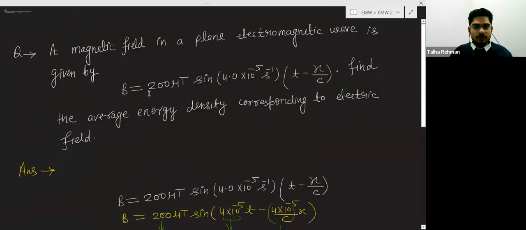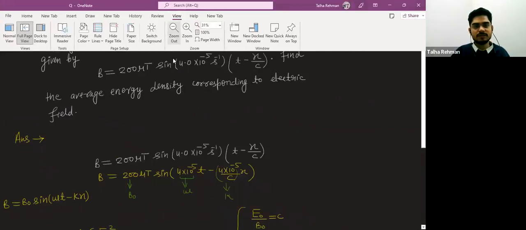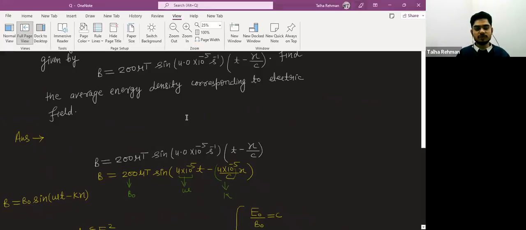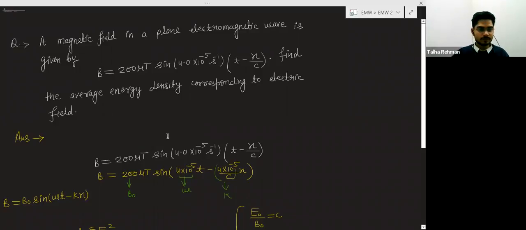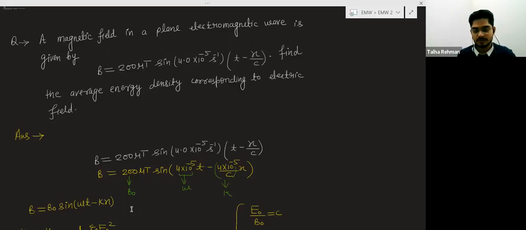Now you can note down this. This was the last question of this class. I think this chapter will be finished in half of the last class, or in 1 hour of the last class.